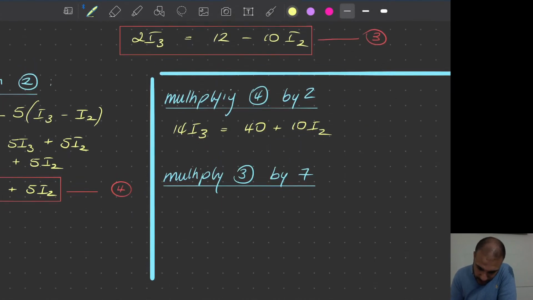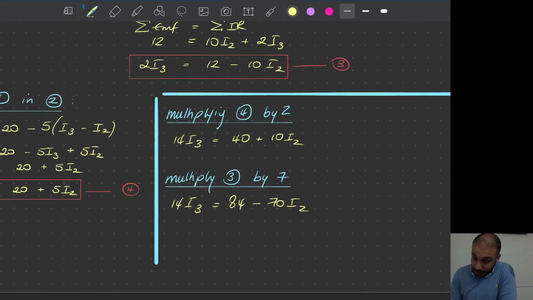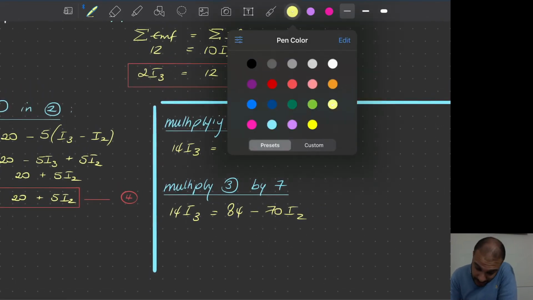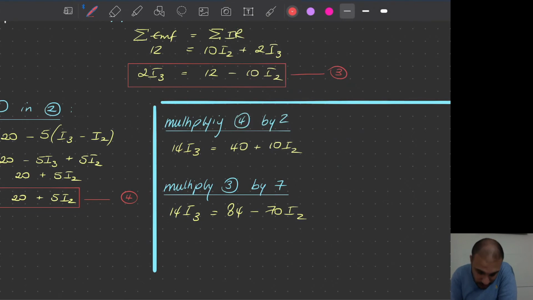This will give us 14i3, and 12 times 7 gives us 84, and minus 10 times 7 gives us 70. Let's keep some order.